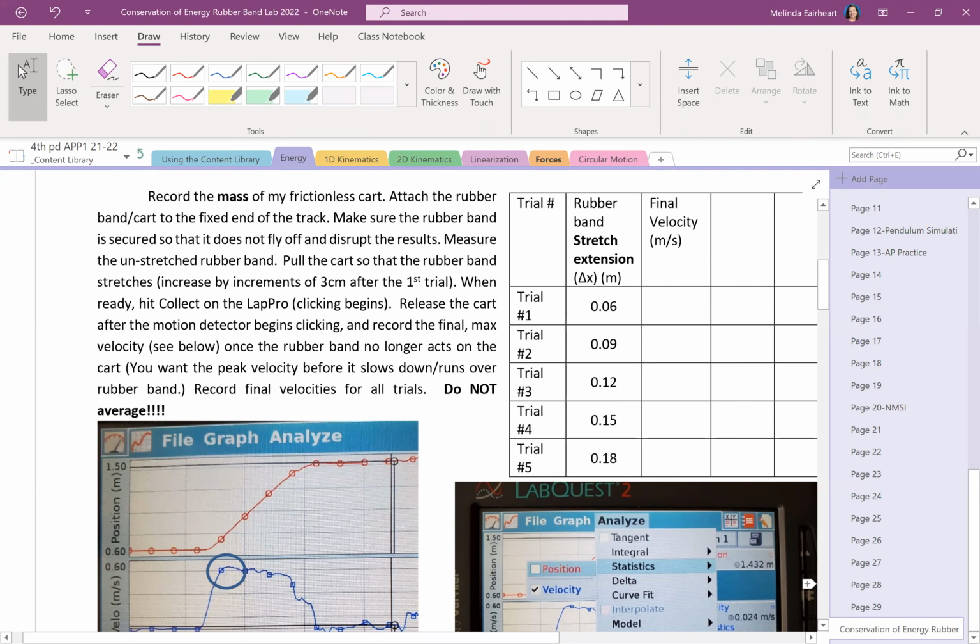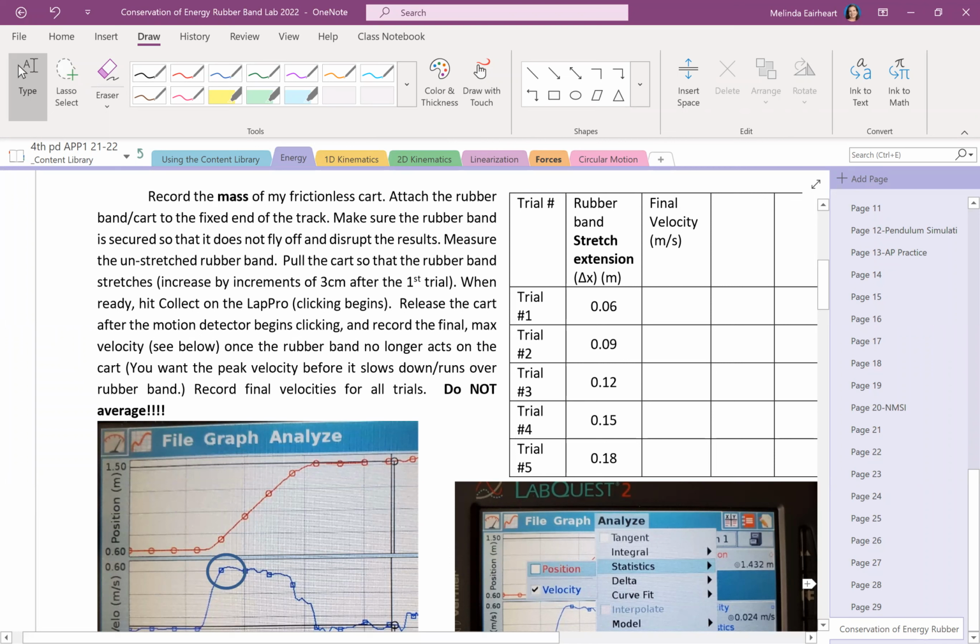What do we call this happy place? Where it's not stretched or compressed. Equilibrium, okay? And everyone is going to have slightly different, but you'll make note of it. So maybe this one's 74, 79. Eyeball. Be careful in your measurement. And then we'll stretch it 6 centimeters.